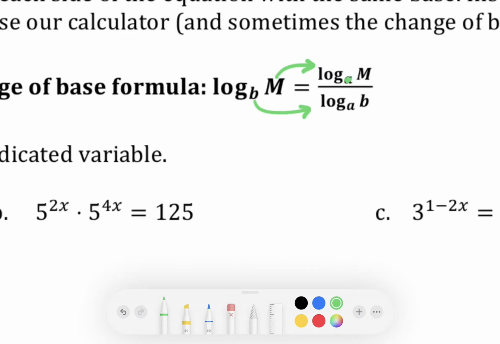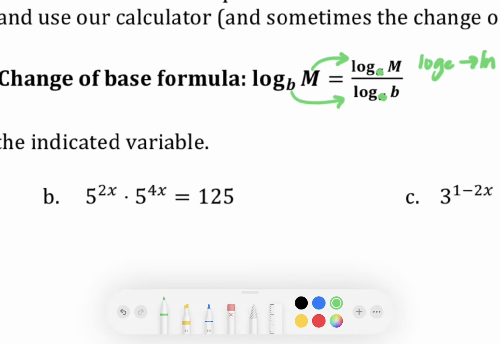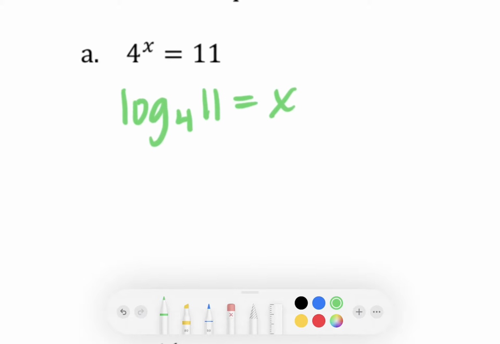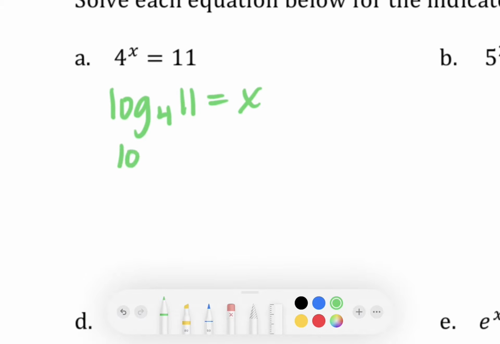I like to use log base 10, which on your calculator is just log. But you could also use log base e, which is just ln. So let's rewrite this. This becomes log base 10 of 11 over log base 10 of 4, which we can put in our calculators.